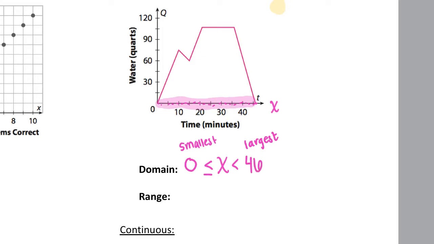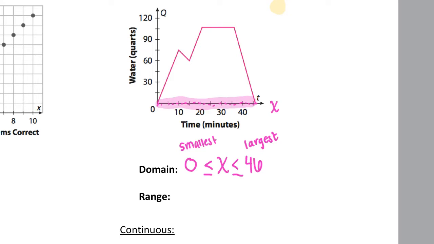Because it touches there and is not an obvious open point or an arrow, we'll put a line underneath it. Now, I want to be clear about this inequality. This inequality is saying that x can be any number, whole, fraction, decimal, it doesn't matter what, any number in between 0 and 46. Because it is a line, it includes all of those pieces.